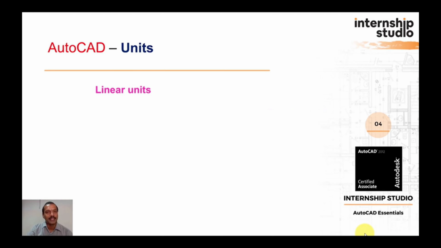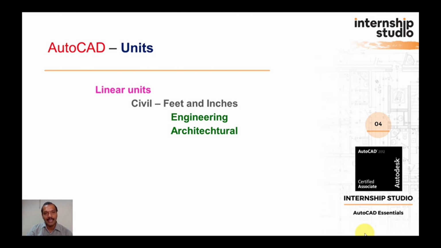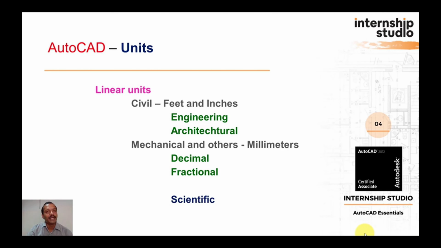In general, linear units or length can be measured in two ways. Civil engineers may use feet and inches, which are available under the engineering and architectural options in AutoCAD. Mechanical engineers and other engineers may use millimeters, which are available under the decimal and fraction options.